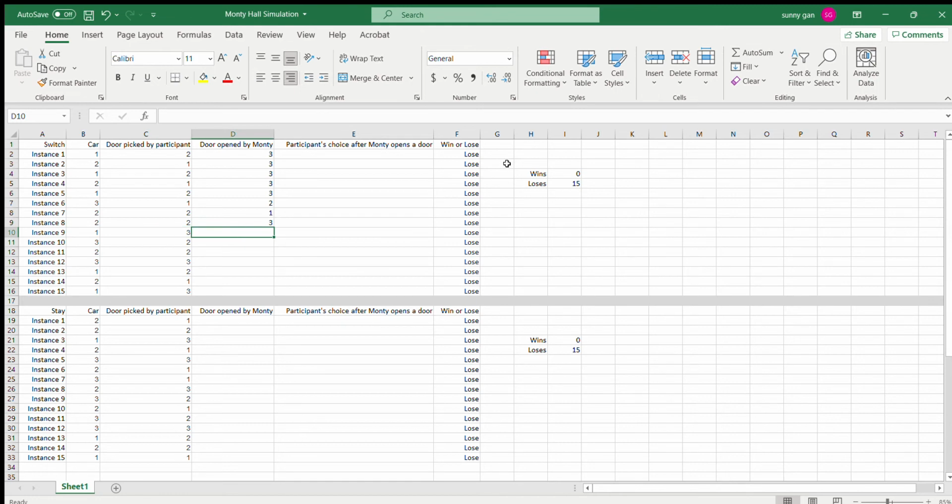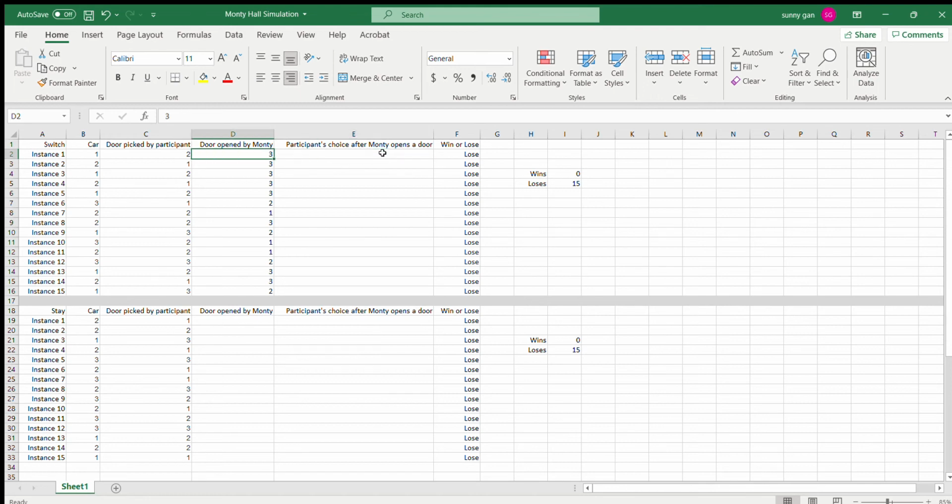In this case, he has the option to open 1 or 3, so 1. In this case, he has the option to open 1 or 2, so I'm just going to go with 2. Now the participant's choice after Monty opens the door. Because this is the switch category, participants will always switch their choice.